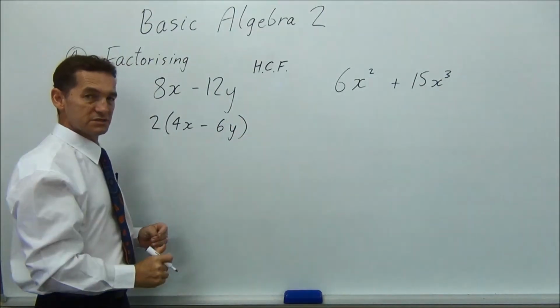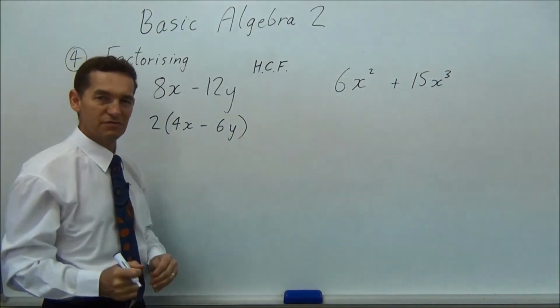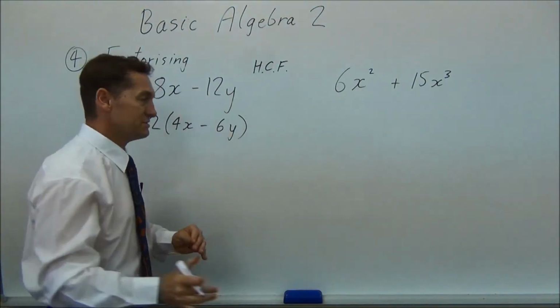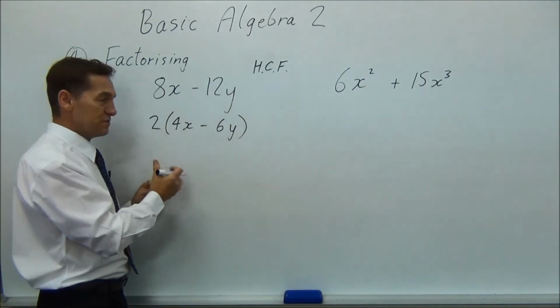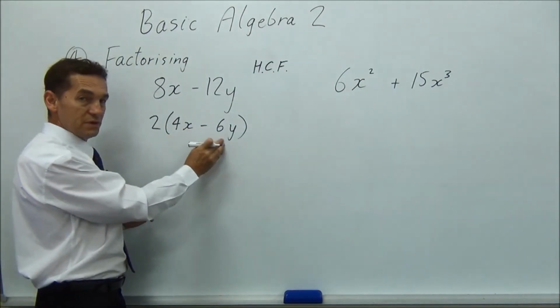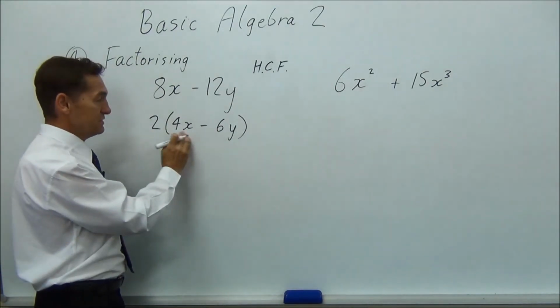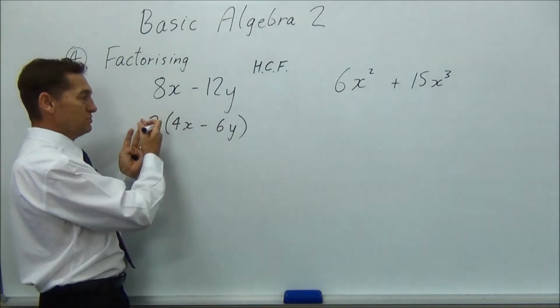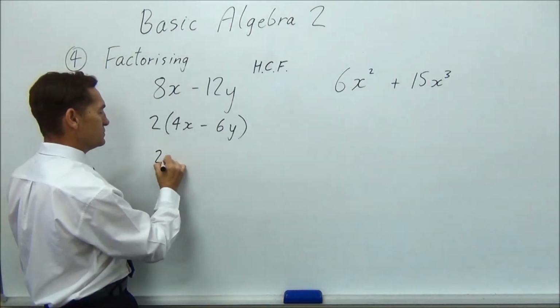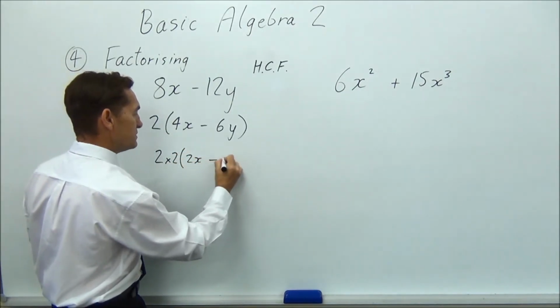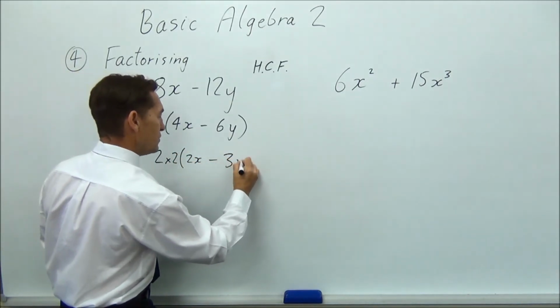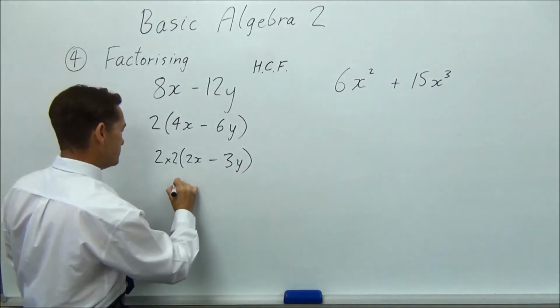And you could say, yes, I factorised it, and yes, you have. But in a test, you're only going to get half marks because you haven't fully factorised it. There's still 2 that can go in there, can't it? 2 goes into that and that. So let's take 2 more out, and you'll have 2 multiplied by 2 times 2x minus 3y. 2 times 2 is 4.